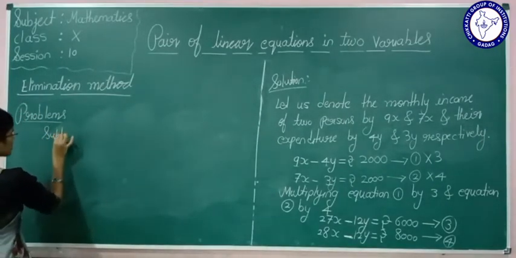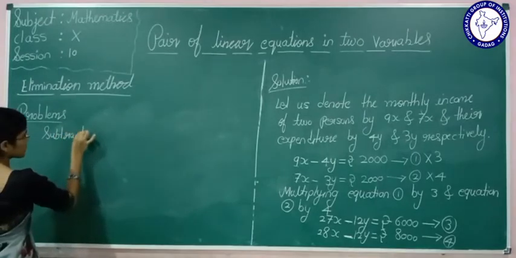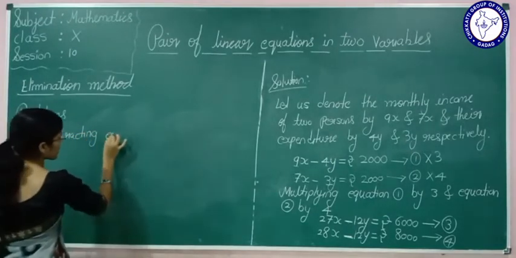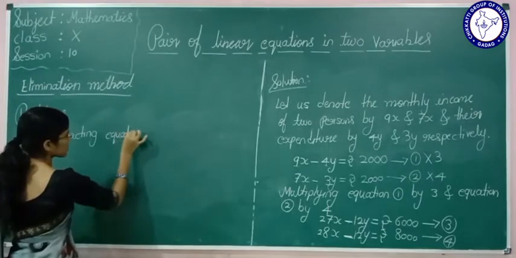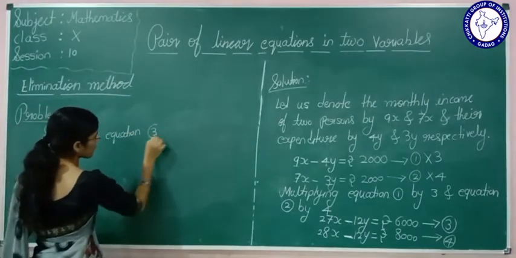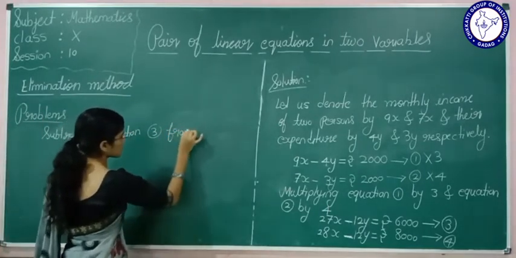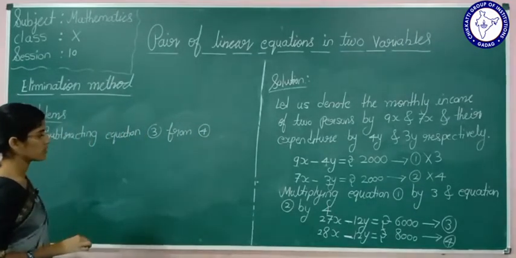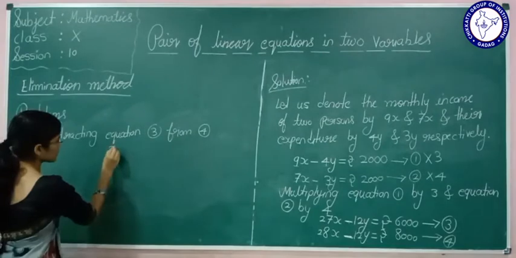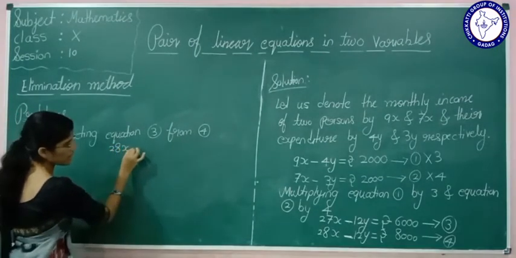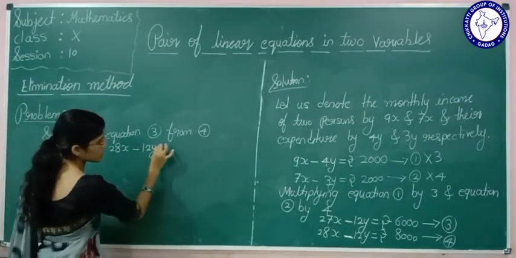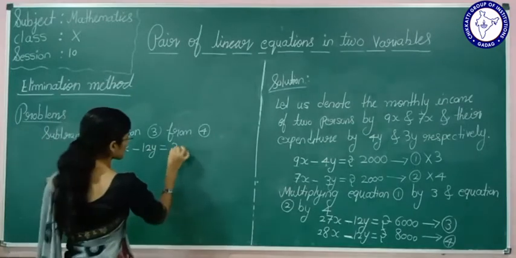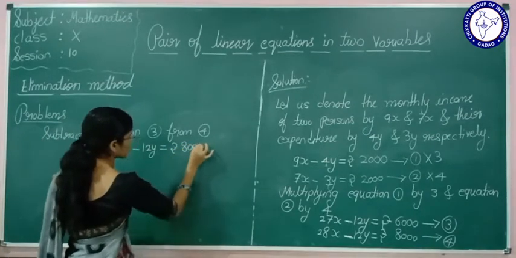Subtracting equation 3 from 4. So what is that? 28x minus 12y is equal to rupees 8,000.